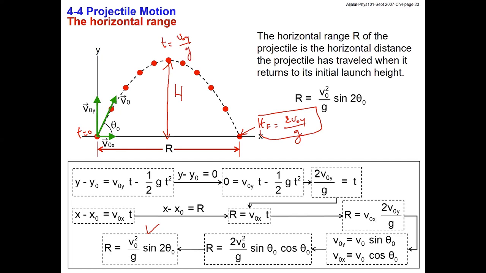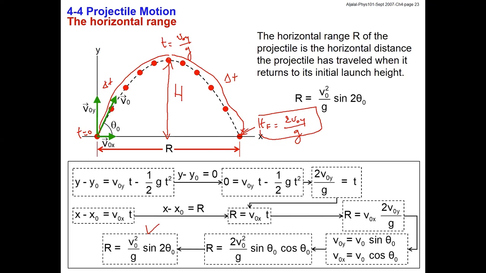Well, you know that the time I take to rise from here to the maximum height is the same time I will take to go from maximum height to the same height below here. Okay, this delta t here is equal to this delta t here. So this time is just half of this time, so I will have it as v naught y divided by g. But I can show you how to get it.